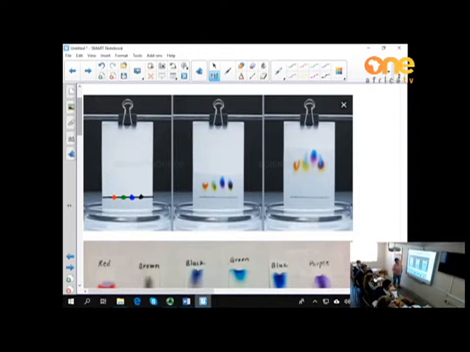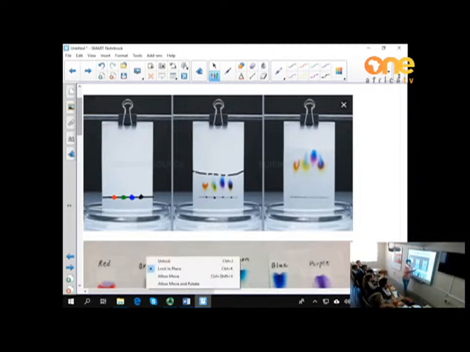And what is going to happen over here, we can see, can you see over there? The water has been drawn up through the paper. All right? And can you see the spots have moved? It no longer lies there. Why? Because the ink is water soluble. And it draws it up the chromatogram.